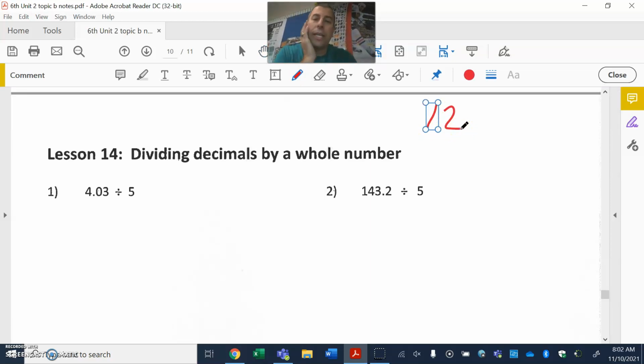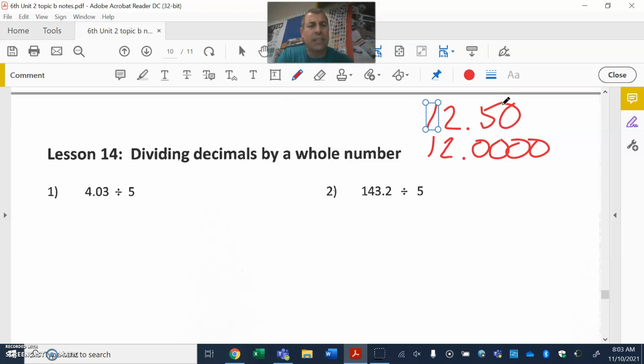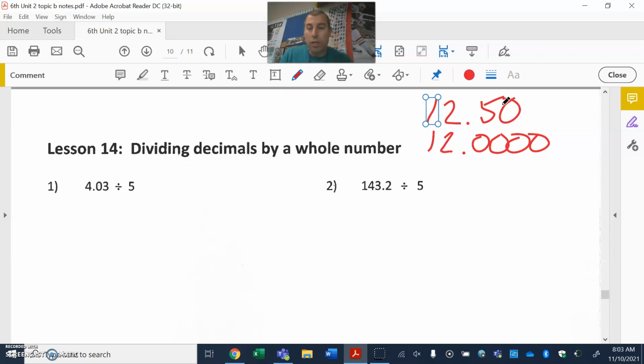Well, a lot of times we would say, think of money. $12 is the same as $12.00. So anytime we have a decimal and we add zeros to the right of it, it's fine. Whether we add 2 of them, 3 of them, 4 of them, it's still the exact same number. If I had 12.5, that's really $12.50. It's the same idea. As long as you're to the right of the decimal, we can add zeros on and it does not change the value. That's going to come into play here. So let's jump into it.